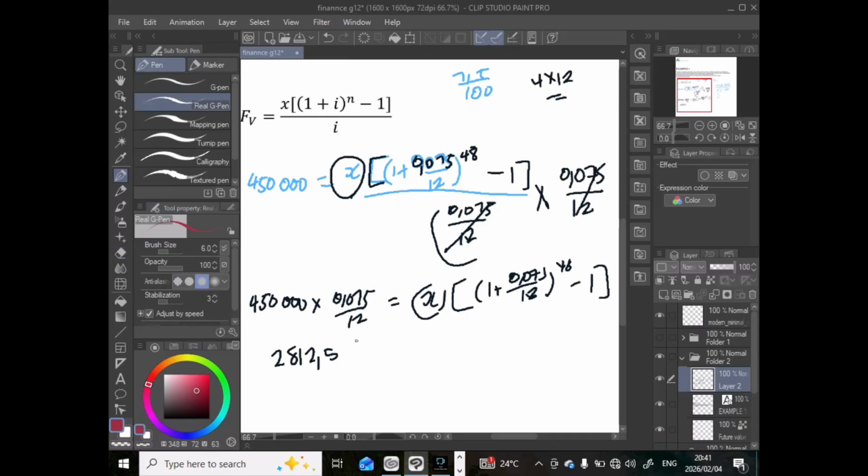So we just say divide by all of this. We can either do it on the calculator in one full go, or we can just find the value of this first, and then after that let's just do everything as it is, then we'll get the answer.